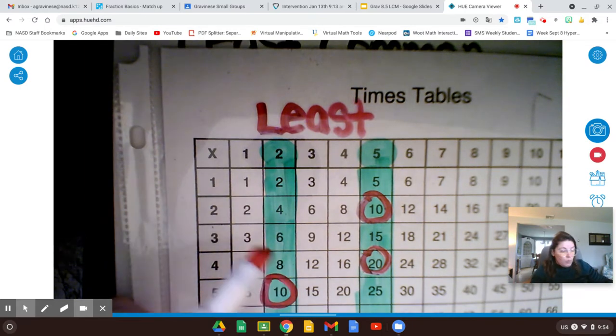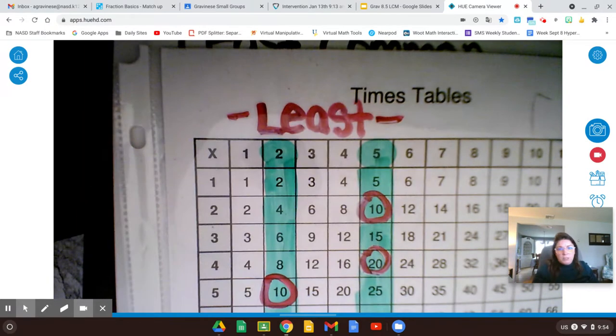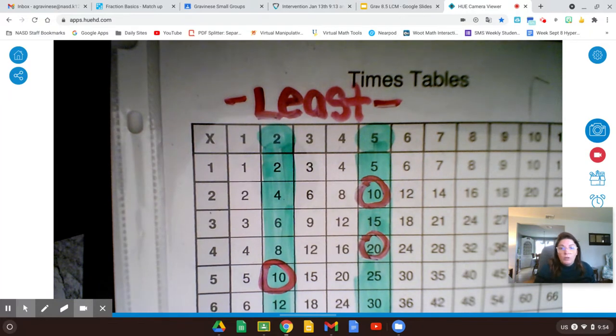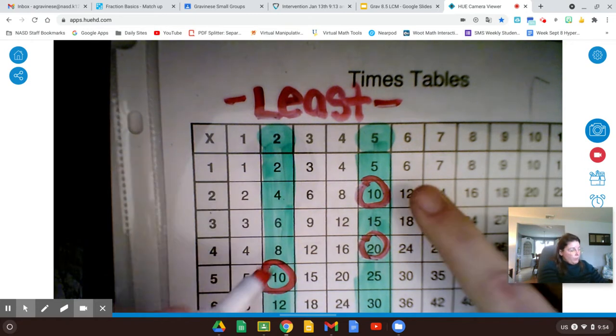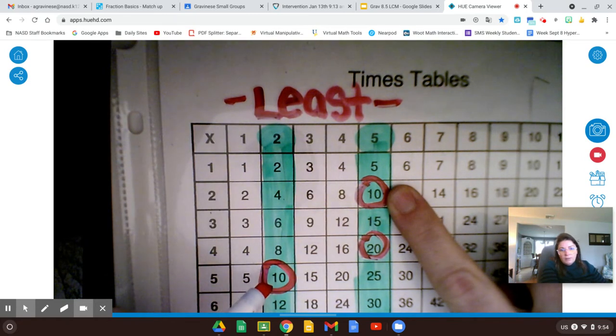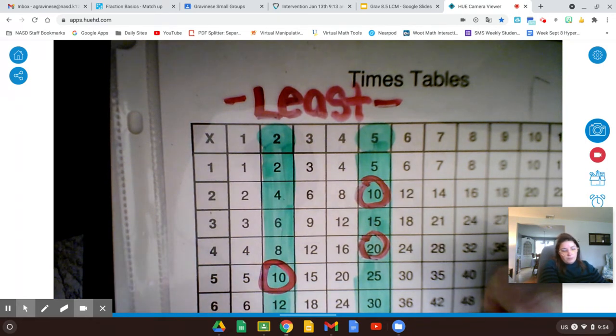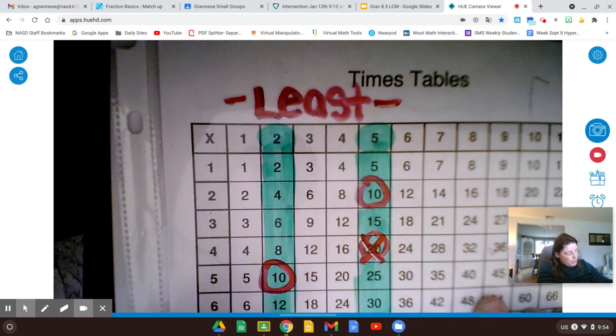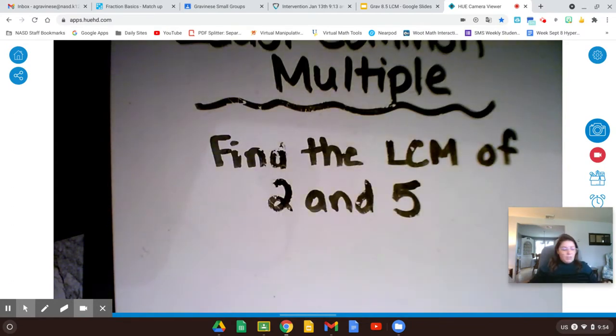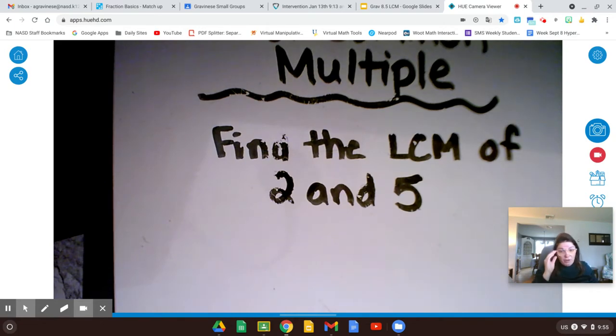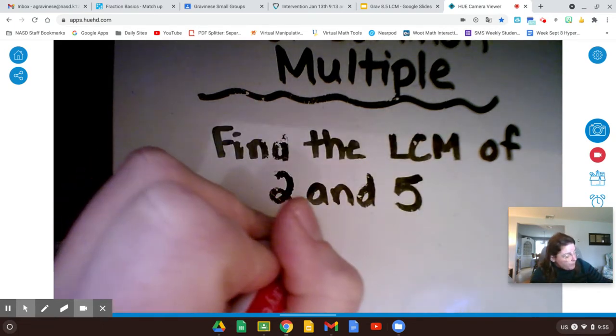So for this skill, we are working on the least common multiple, the first multiple that appears in both of our lists. And we can see that 10 is the first number that we find in both of our lists, not 20. That's just a common multiple. So the least common multiple of 2 and 5 is 10.